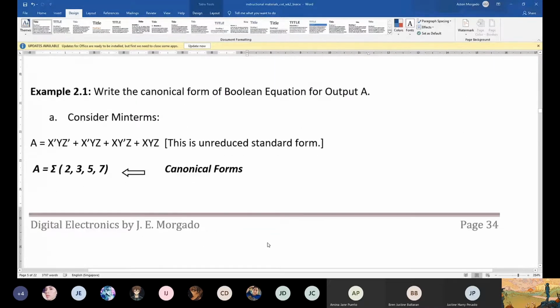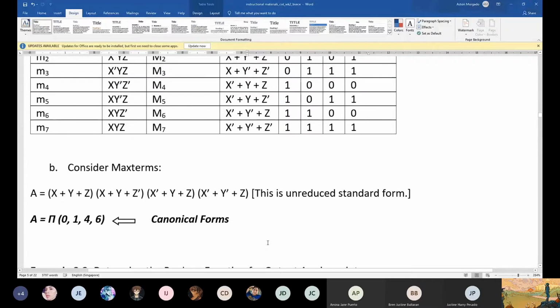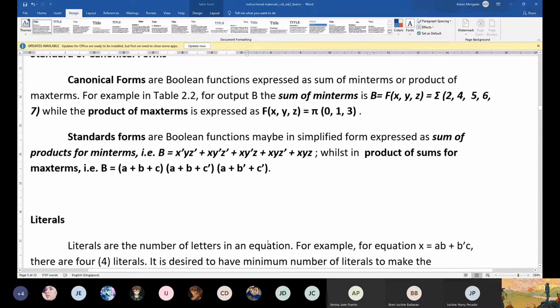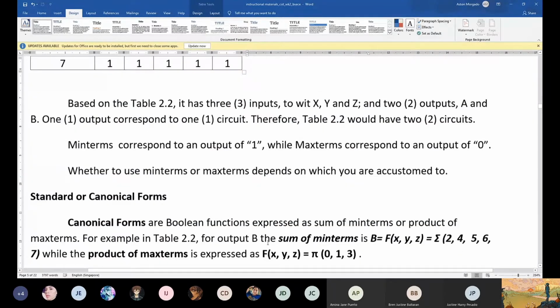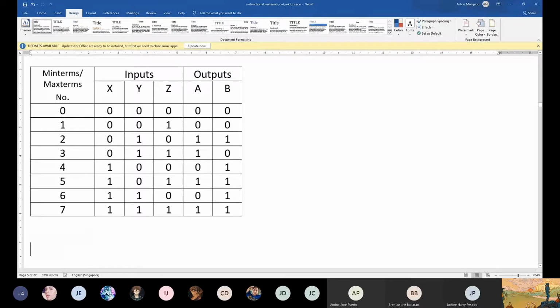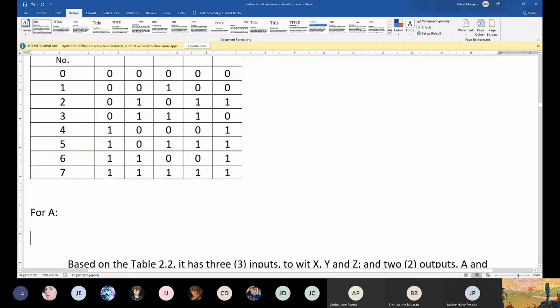Output A. So let's answer this one. Okay, for A, let's use Minterms.